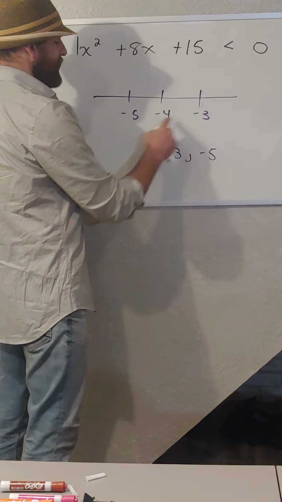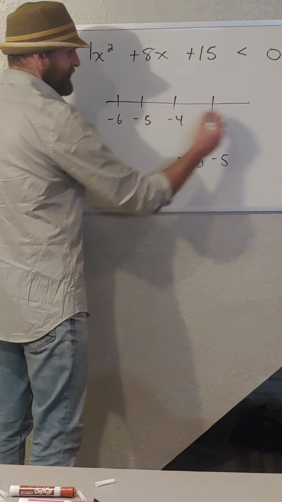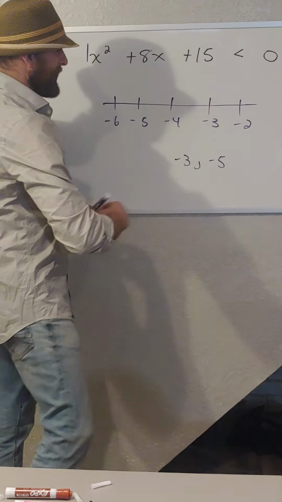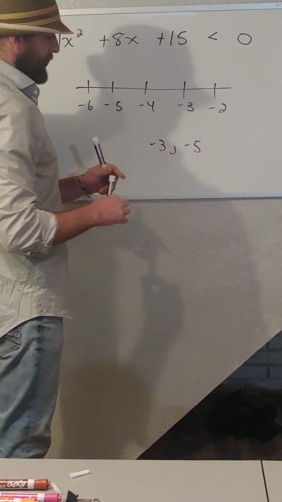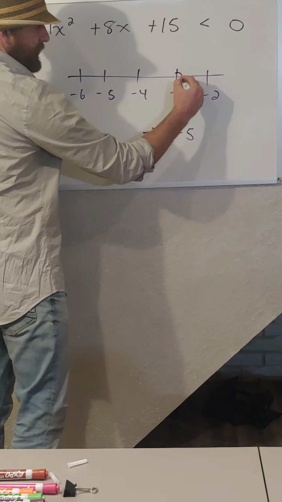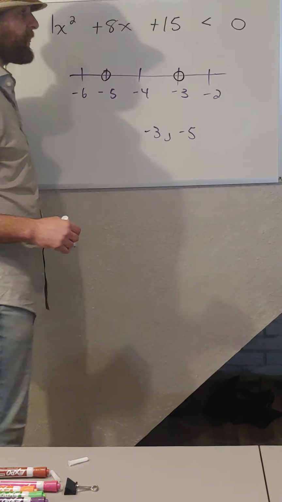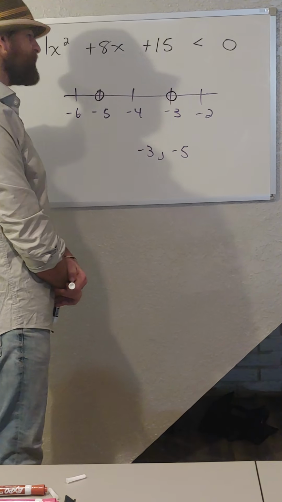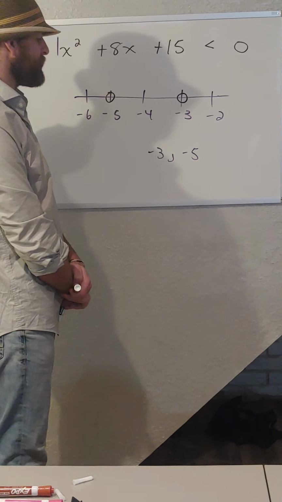Okay, so on a number line here, I'm going to make this a little bit bigger actually. Because this is what we got when we put these into the quadratic formula, we're going to circle those on our number line. And there's a couple ways you could do this. You could circle those.